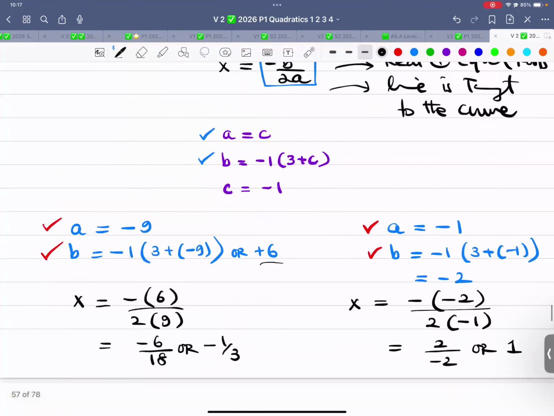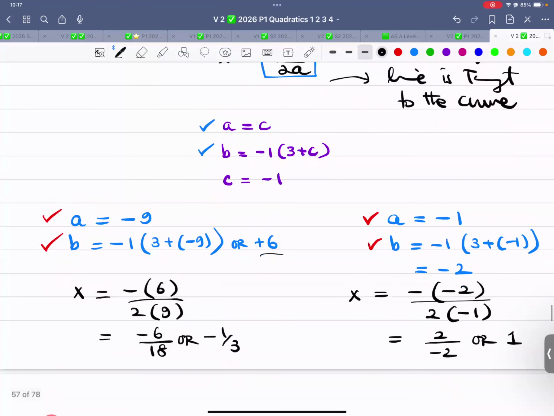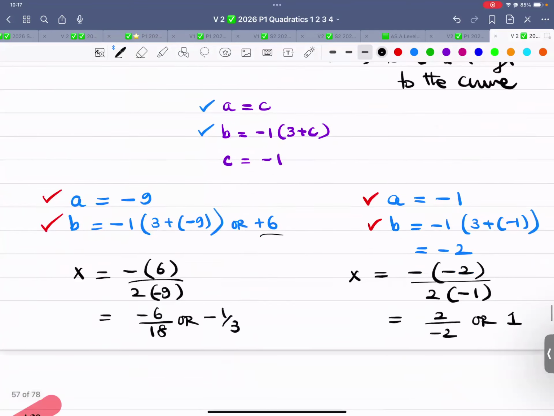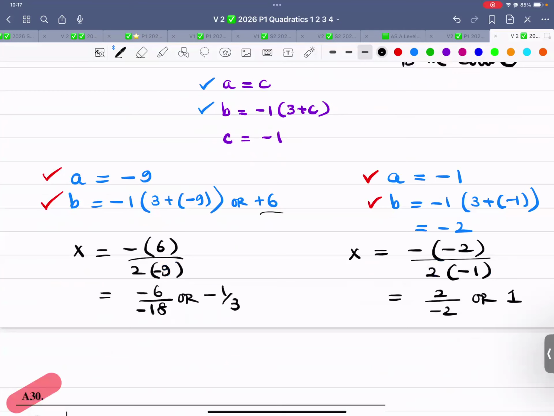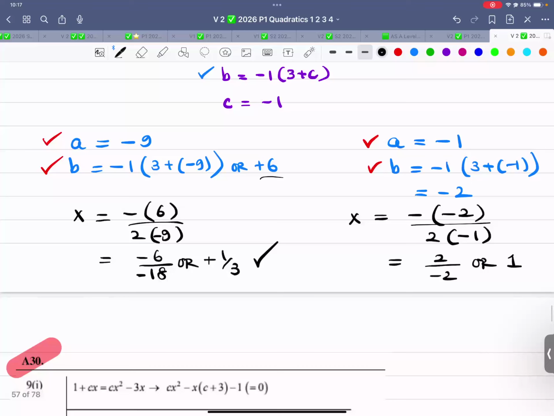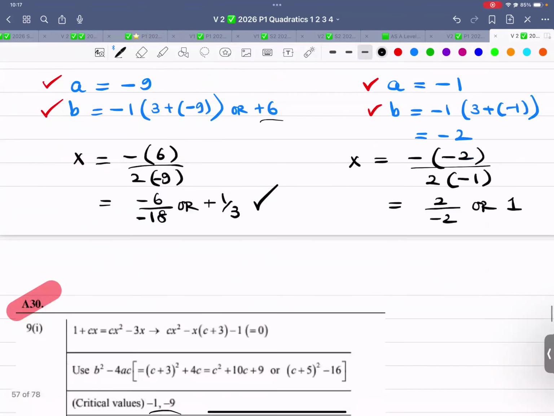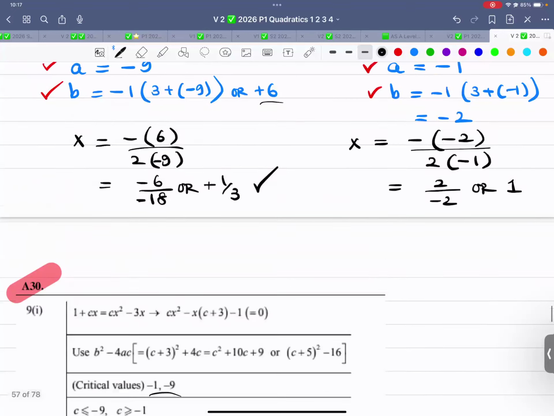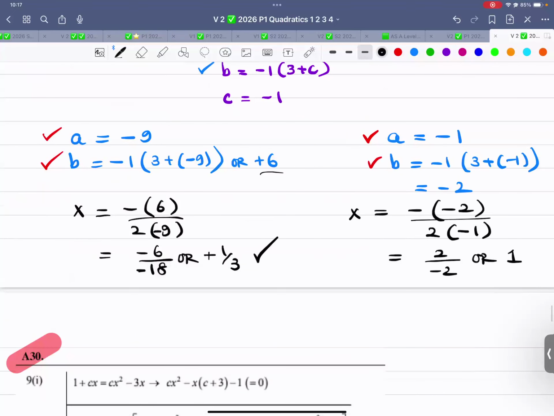This is good. So this is minus b over 2 times a. There was a negative over here, I forgot that. So therefore, -6 over -18, that is +1/3. This thing is corrected. And this is minus b over 2 times a. So this minus minus becomes plus, this is -2, it becomes a +2, and this is -1.